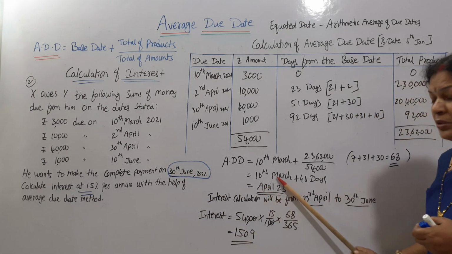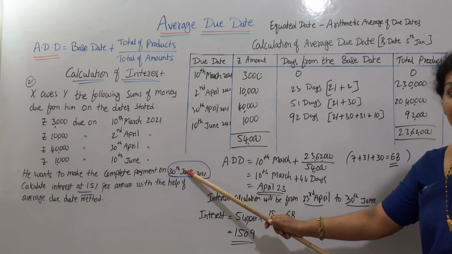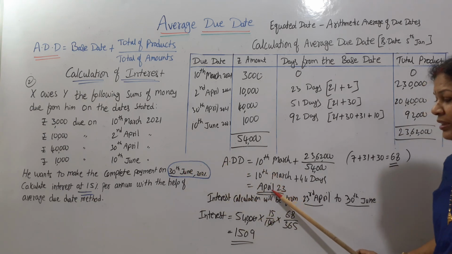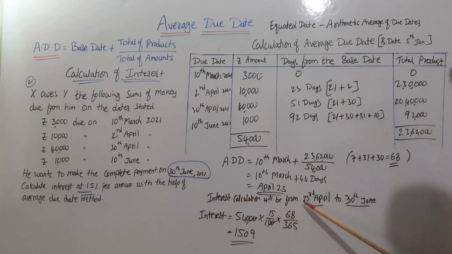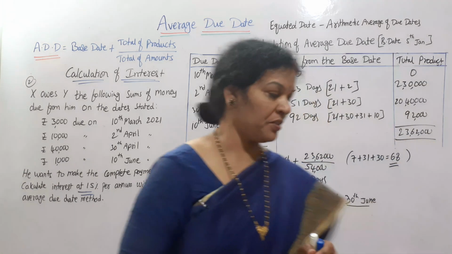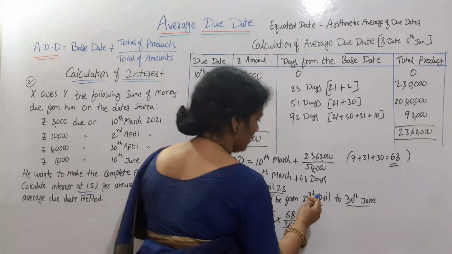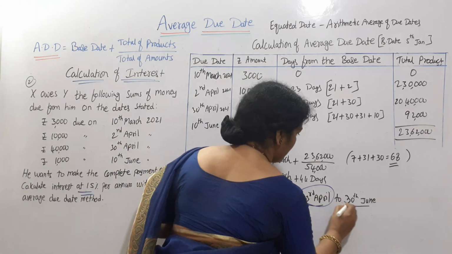As per the average due date, he has to pay on 23rd of April, but he is paying on 30th June. In between these two periods, April 23rd to 30th June, whatever days come, on that we are going to charge interest at the rate of 15%.